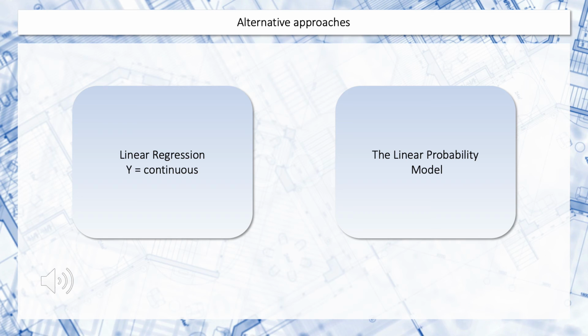I also considered the linear probability model, but the major drawback of this model is that it can produce predicted probabilities that are greater than 1 or less than 0, so I went ahead with the logistic regression.